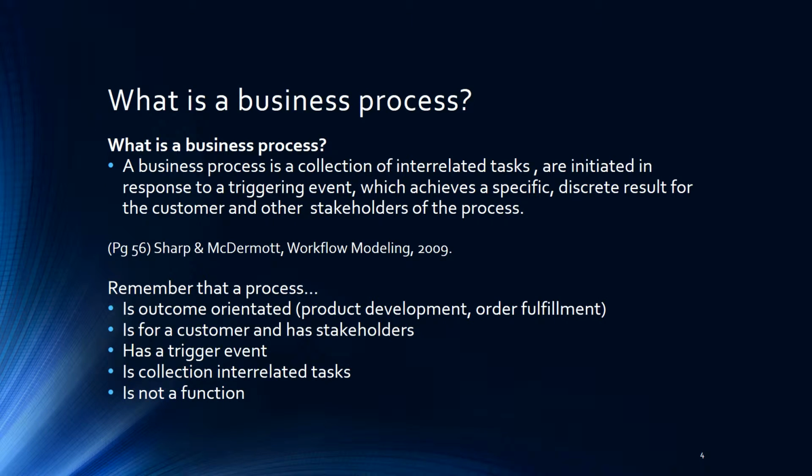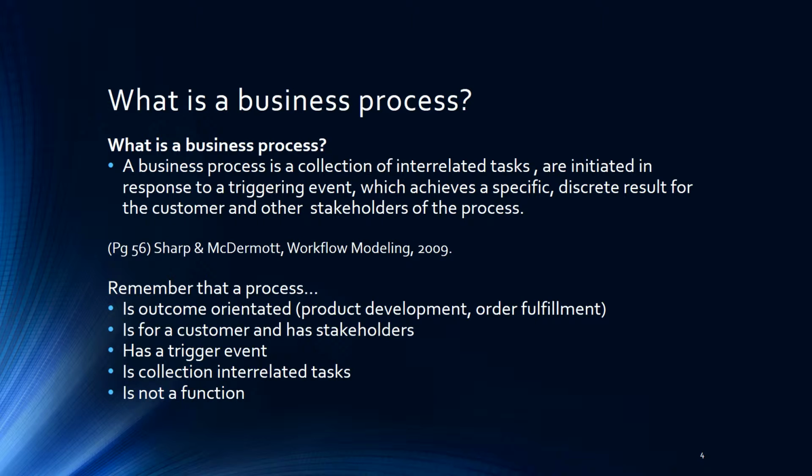All right, so next let's take a closer look exactly as to what is a business process. A business process is essentially a collection of interrelated tasks, and usually these are initiated in response to some sort of a triggering event, which achieves a specific result for the customer and other stakeholders of the process.